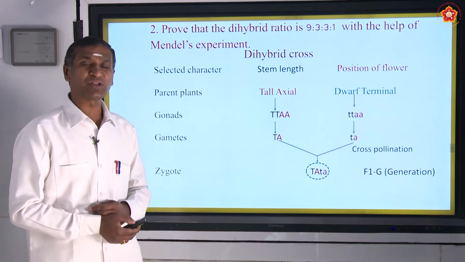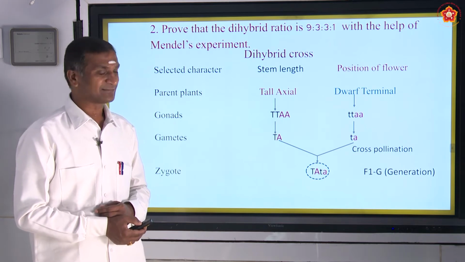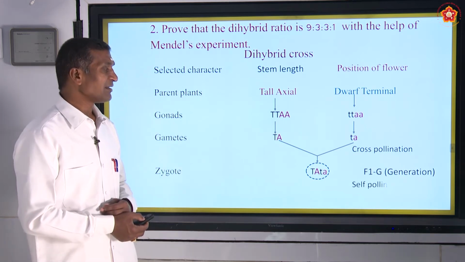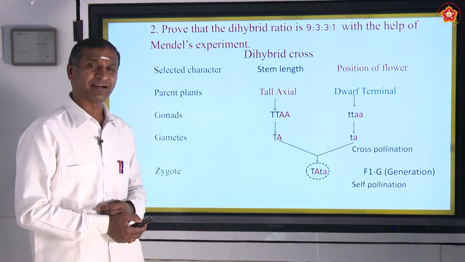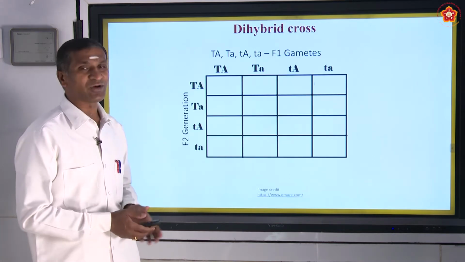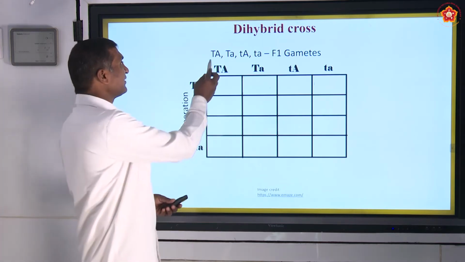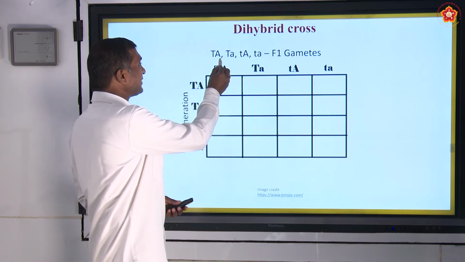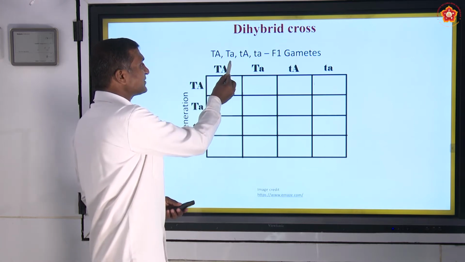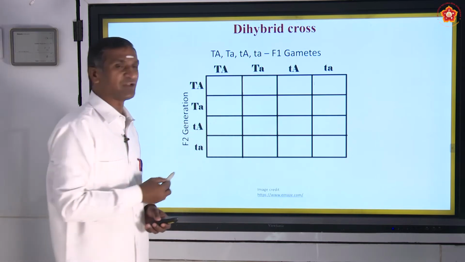We got all the plants tall and axial flowered. The F1 generation undergoes self-pollination, and the gametes of the F1 generation are capital T capital A, capital T small a, small t capital A, and small t small a.